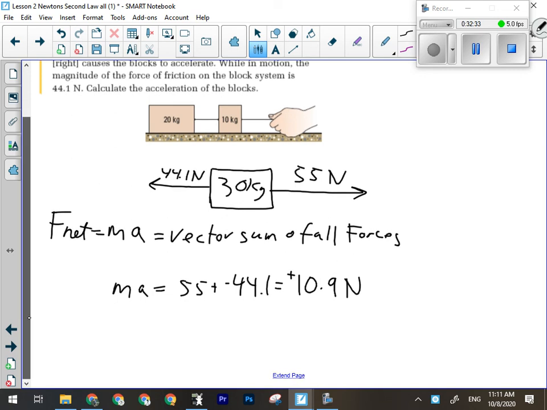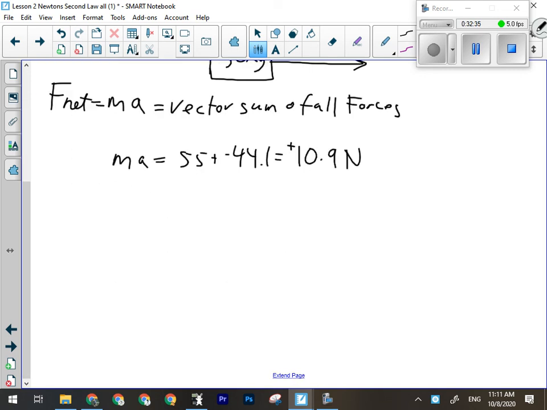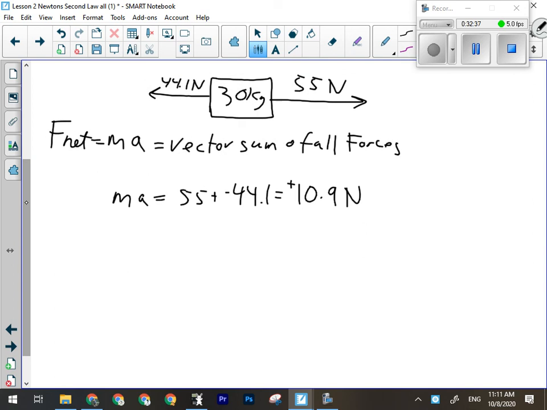So now that I have that number, and I know the mass is 30 kilograms, I can calculate the acceleration of the blocks. Oops, 30 on the bottom. So acceleration is going to be F net divided by mass.